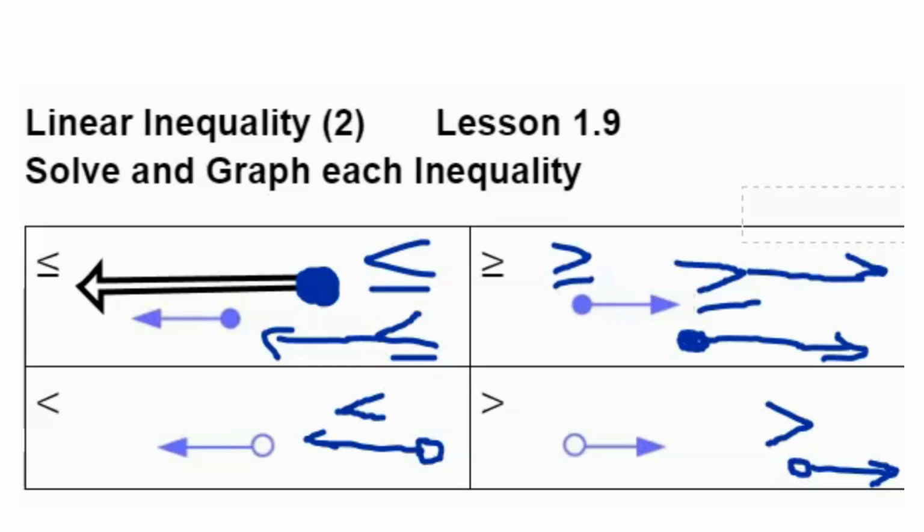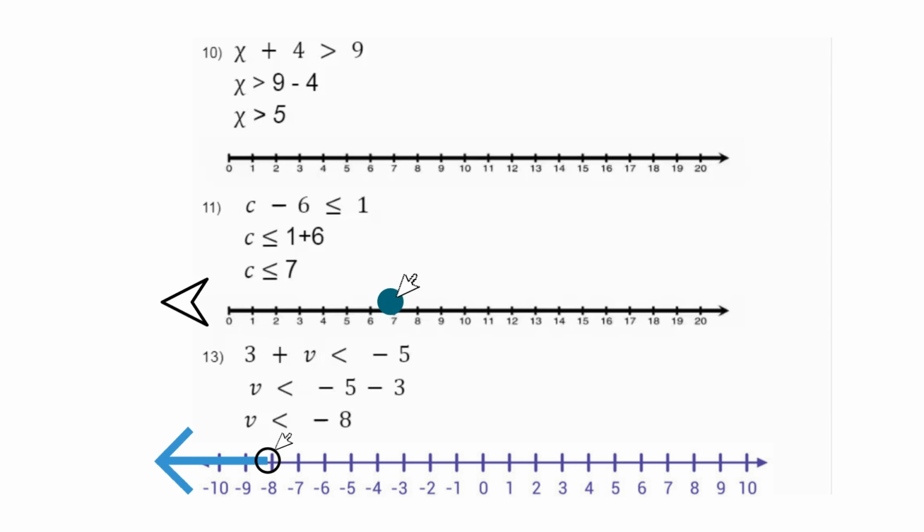Now we are going to solve question number 10 so that I will show you how to use all of this. I have already solved it to make it easier. So now we have x plus 4 is greater than 9.